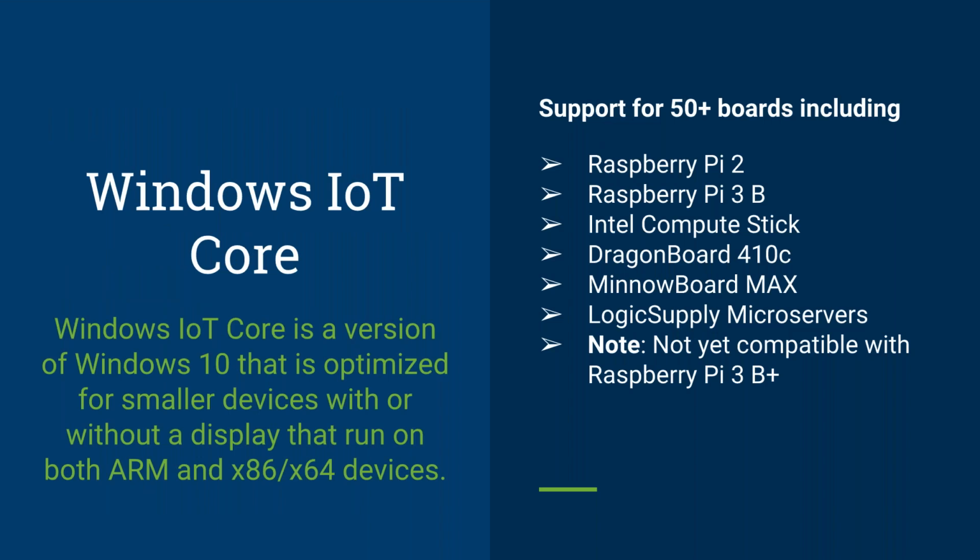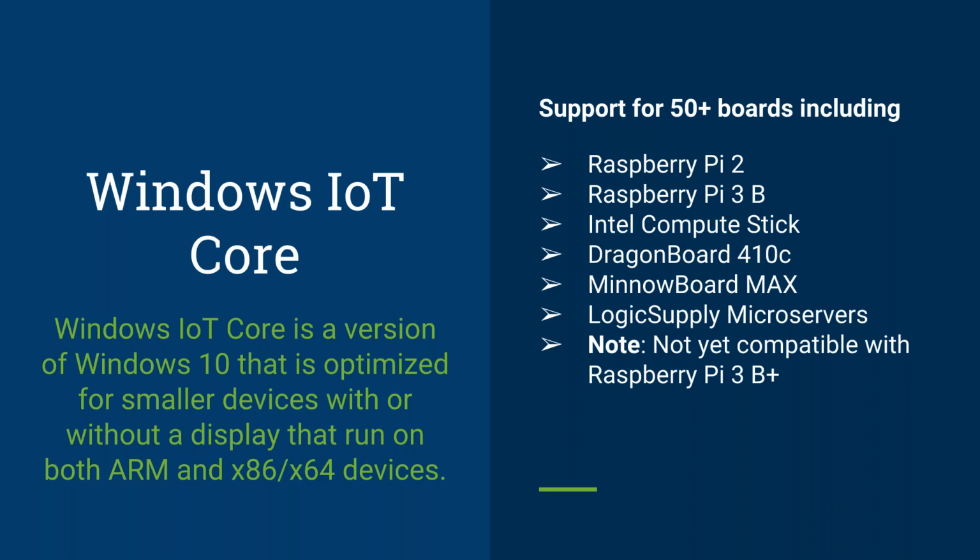So this is Microsoft's solution to using an embedded operating system on small form factor boards such as Raspberry Pi. It's optimized to run on smaller devices with or without a display on ARM, x86 and x64 devices.